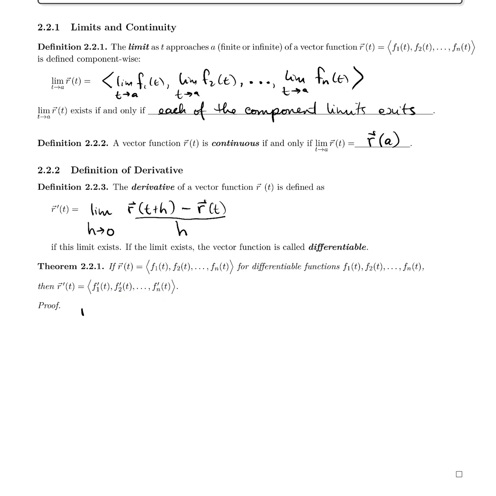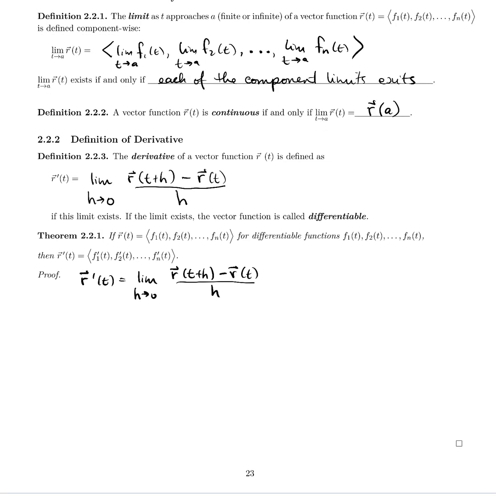So we have r prime of t, by definition, is the limit as h goes to 0. I'm just recopying the limit that is 1 or 2 centimeters above me on my page here. R of t plus h minus r of t over h. Now these are vectors, so let's write this subtraction as components. So I've got the limit as h goes to 0.